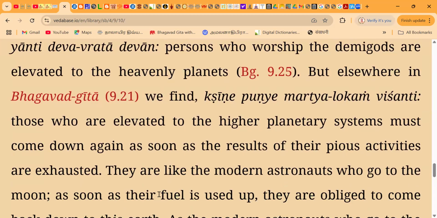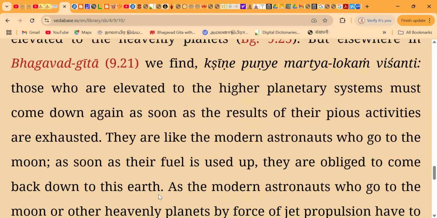Just like when an airplane or a satellite is moving in the sky, it can go as long as fuel is there in the tank. When the fuel gets used up, then they have to come back.